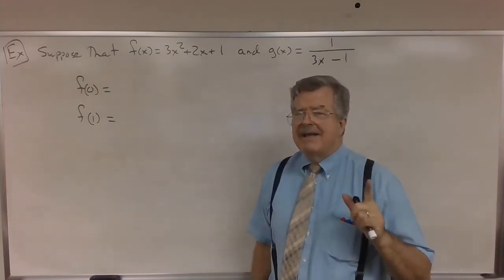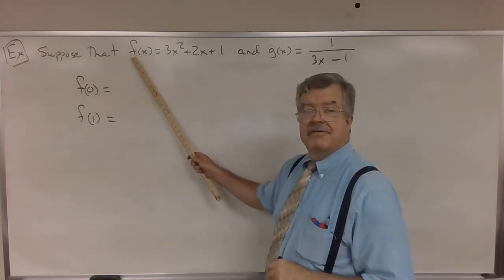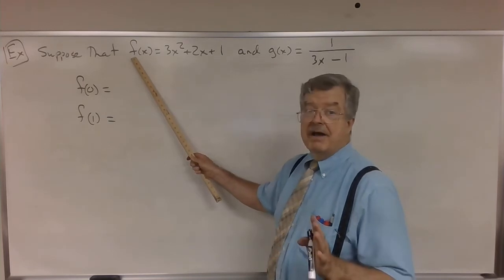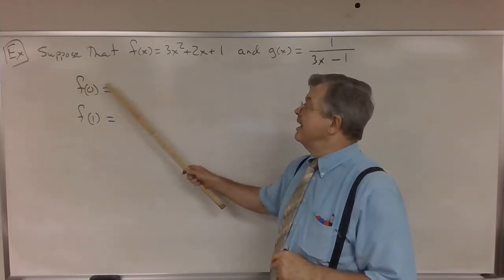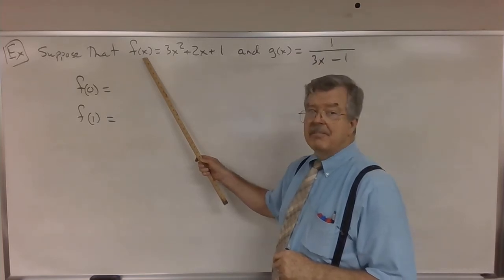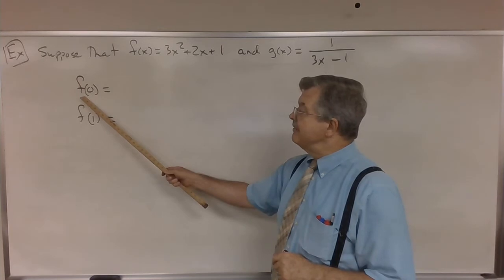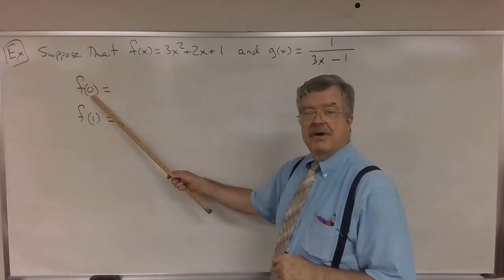Now, why do we do that? This is our definition of f of x, our model, so to speak. This is f evaluated at x. That's our model, our definition. Down here we have f evaluated at 0.